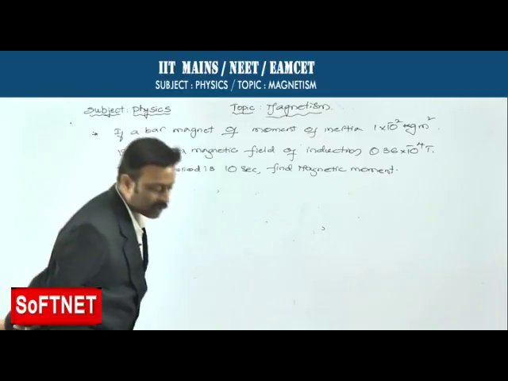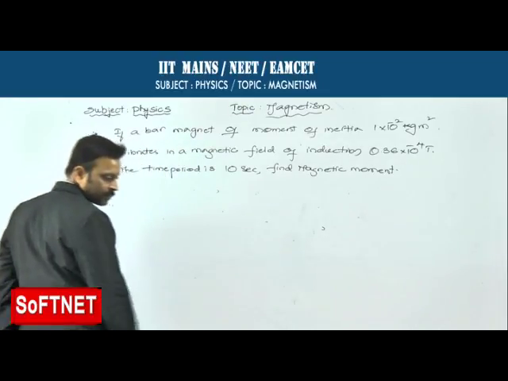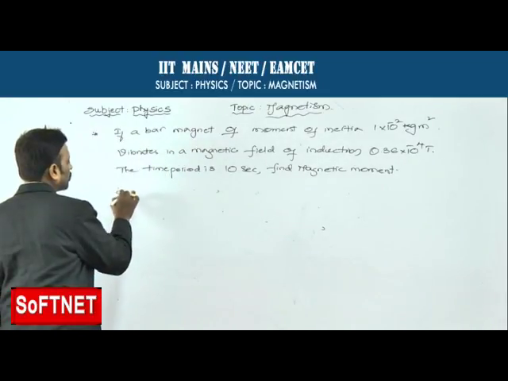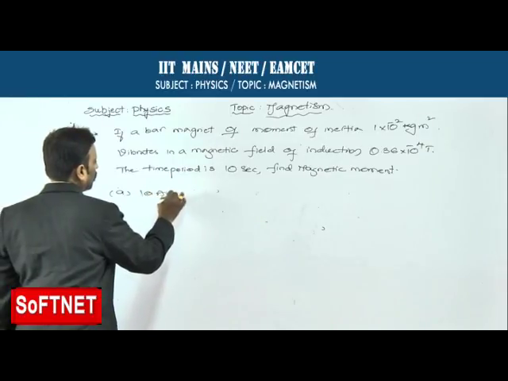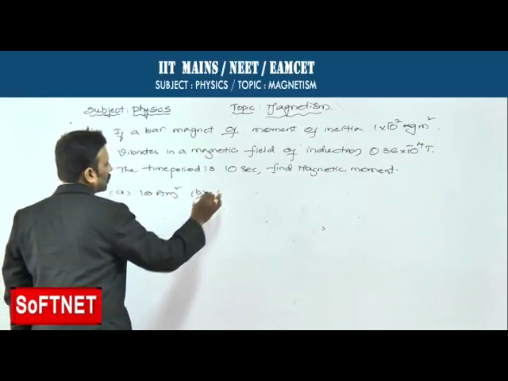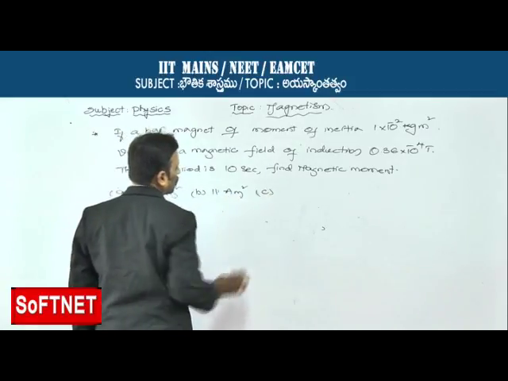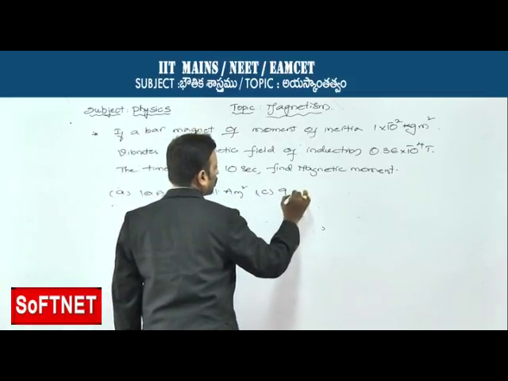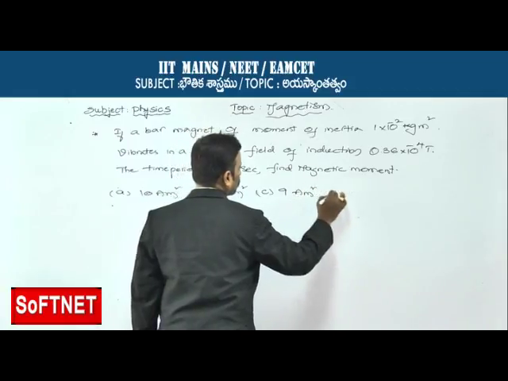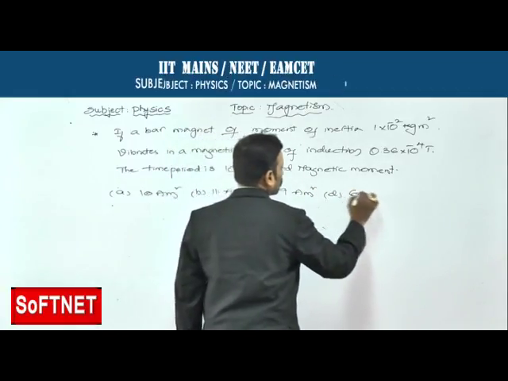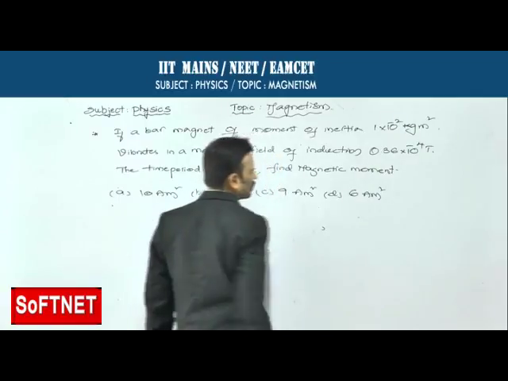The given options are: first one 10 ampere meter square, second one 11 ampere meter square, next 9 ampere meter square, and last one 6 ampere meter square.